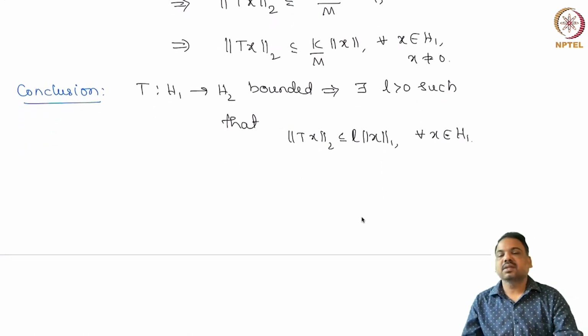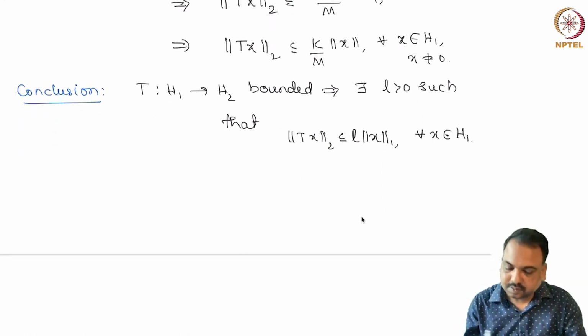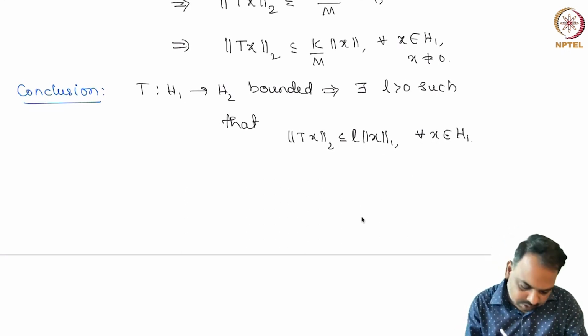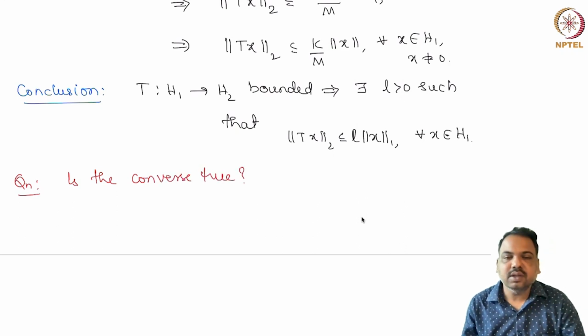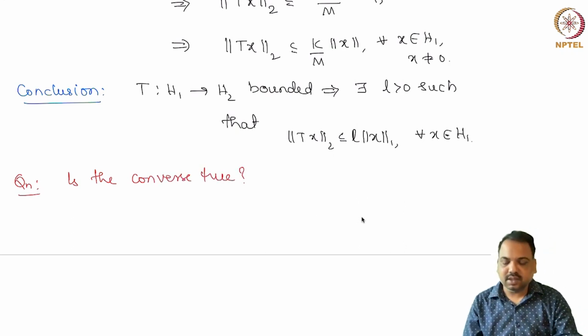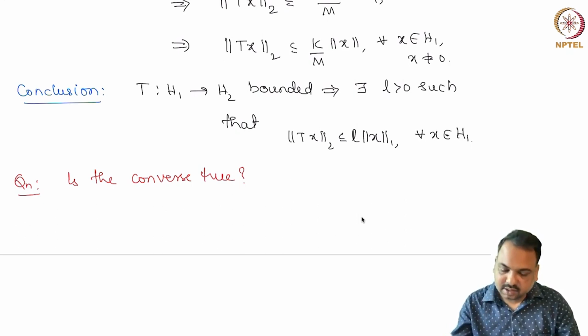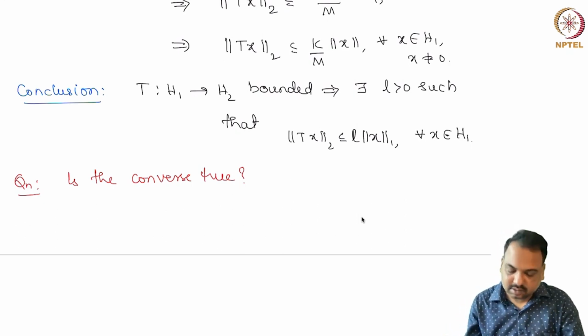Now a question we can ask is: is the converse true? That means we want to show that if there exists an L satisfying this condition, can we say that T is bounded?